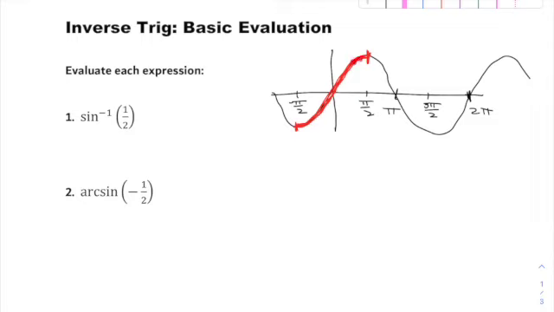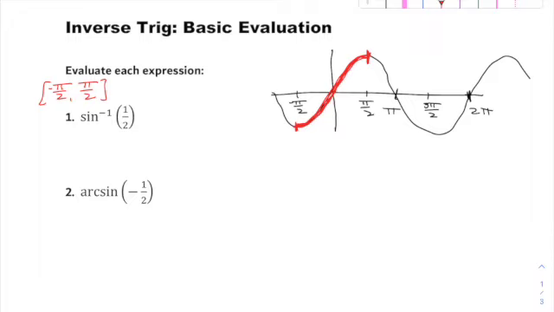So if you focus on just this strip, this does pass the horizontal line test, which makes this 1-to-1. So we restrict our range for arcsine, inverse sine, to -pi over 2 to pi over 2. That means any answer you give must be in that window to an arcsine or inverse sine question.